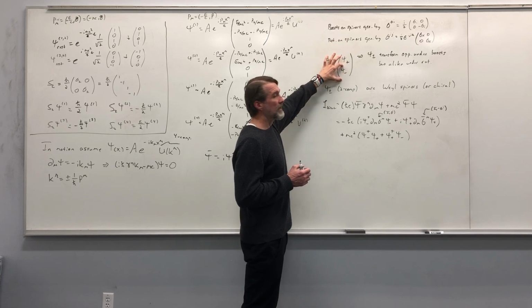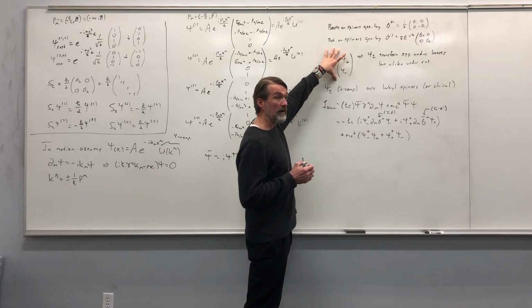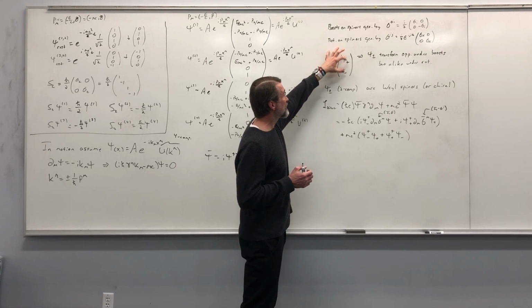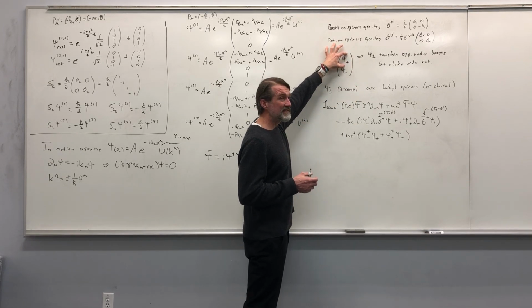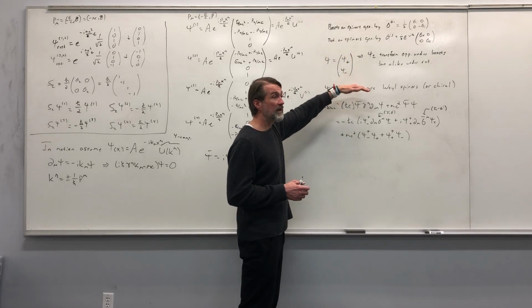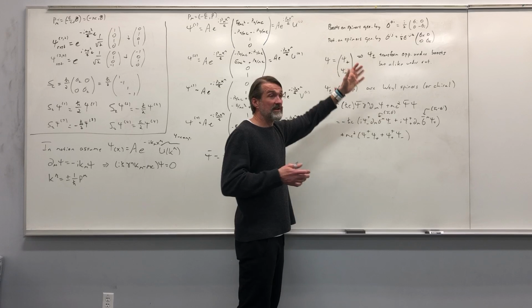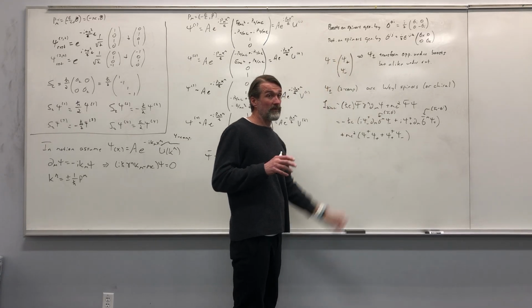Or only use psi minus? Do we have to have all 4 of them in the story? I mean, these are transforming very differently. They're really disconnected. So maybe we can take just the psi plus, in which case we can describe everything that's going on with a 2-component object, or just the psi minus, in which case we can describe everything with just a 2-component object, instead of this big 4-component spinor.